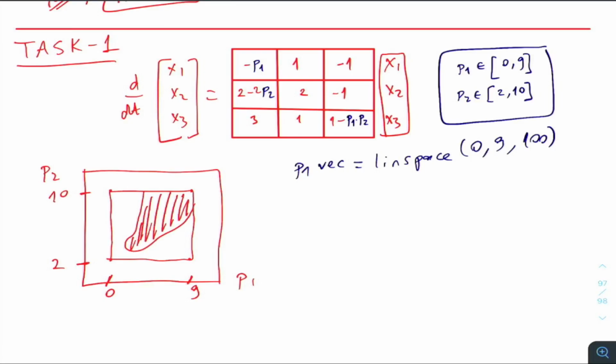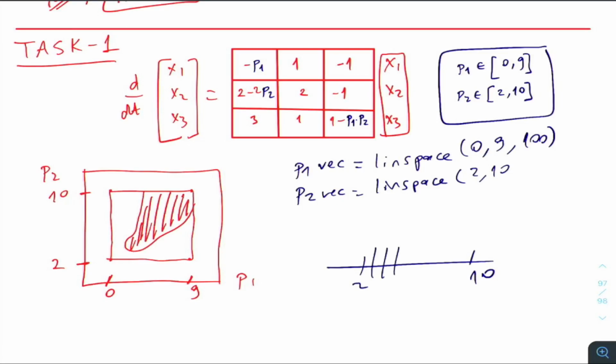And after that, e2 vec, again linear spacing, 2 to 10, discretizes the range of 2 to 10 into 100 numbers, basically gives you an array of 100 equally spaced numbers.